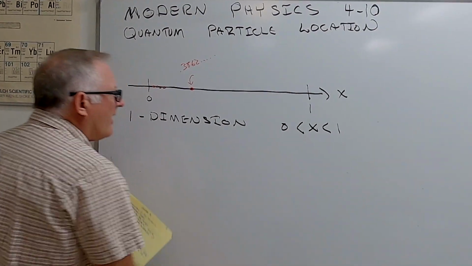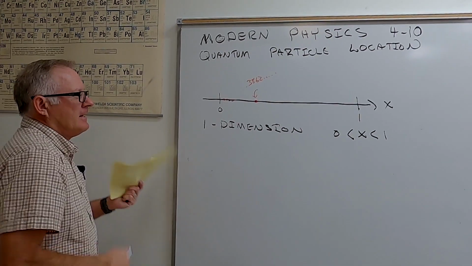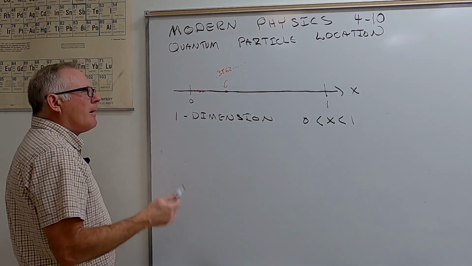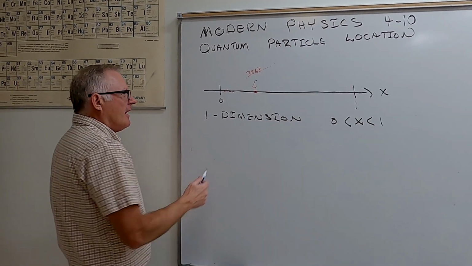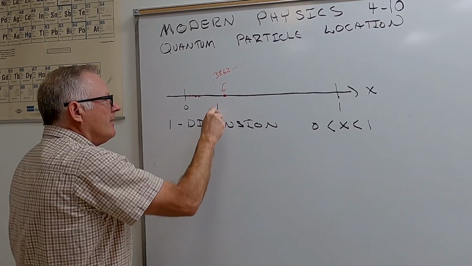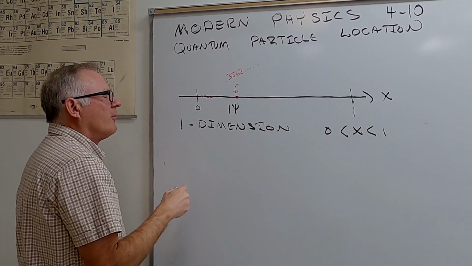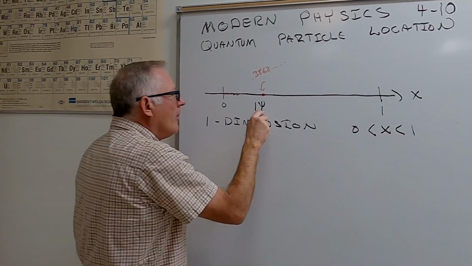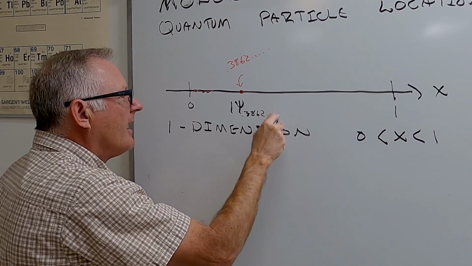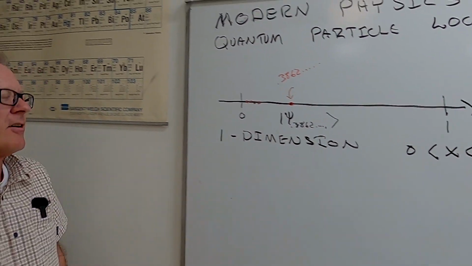What should we call that state? I can't call it up and I can't call it down. For that one right there, I could call it psi, but I don't want to call it 1 or 2. How about psi of 0.3862... Maybe that's what I'll call that state.